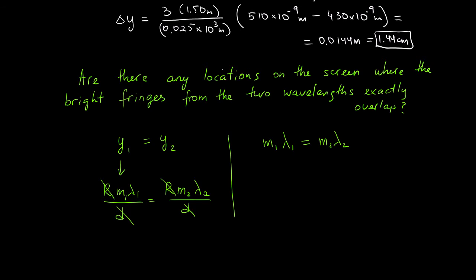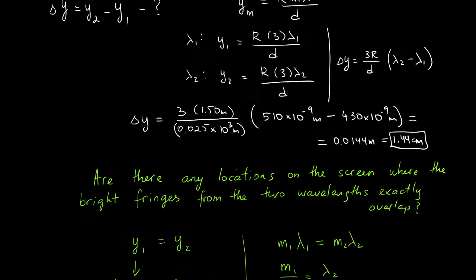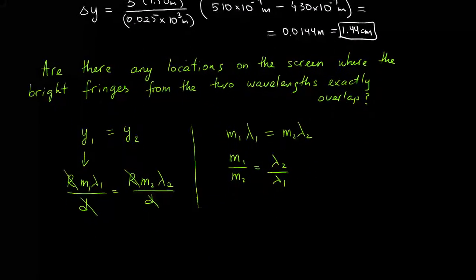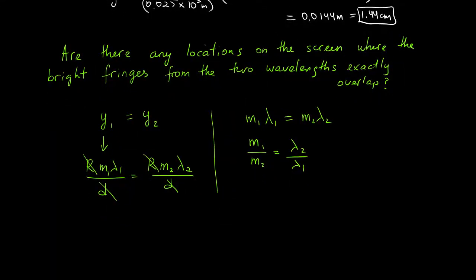So from here, I can say m1 over m2 equals lambda 2 over lambda 1. Where lambda 2, let's recall what it was. For lambda 2, we had 510 nanometers. For lambda 1, 430 nanometers. Let's plug that in here.